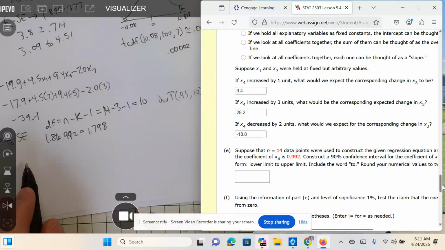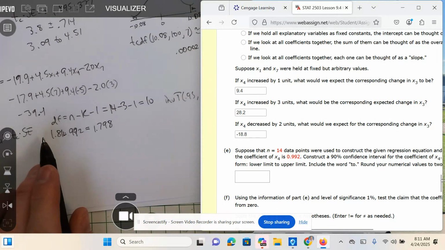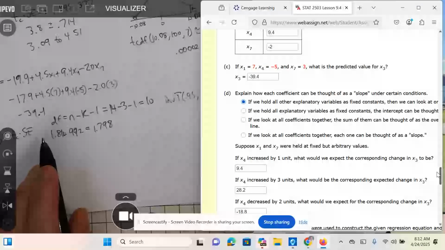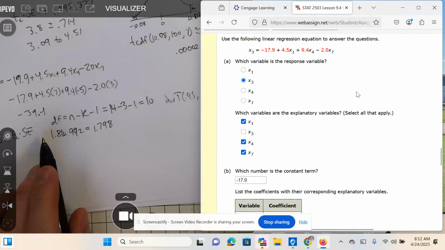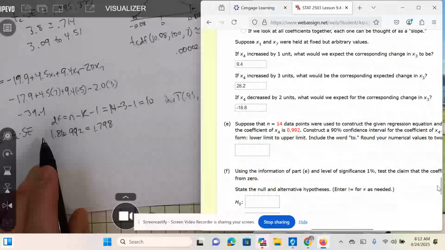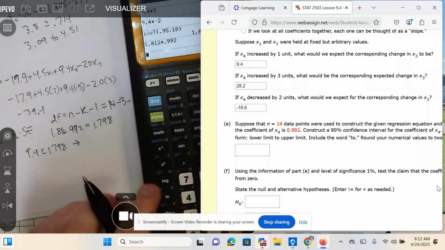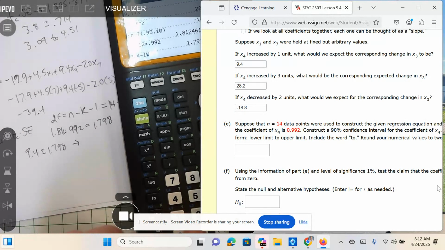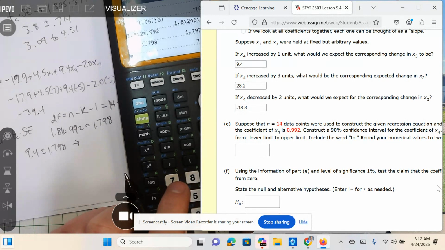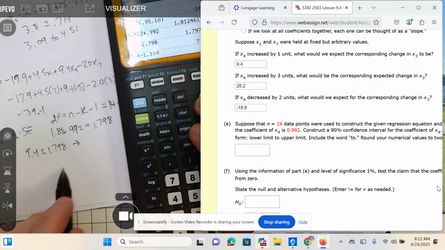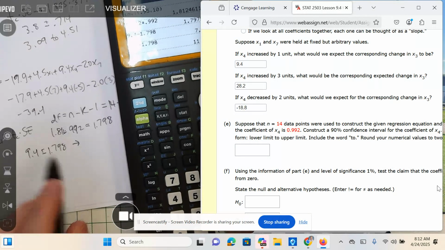And so I'm going to take my slope for the fourth one. Let's go look at the fourth one again. The slope is 9.4. So it'll be 9.4 plus or minus 1.798. So 9.4 minus 1.798, I'm subtracting that margin of error, then I'm going to add that margin of error.